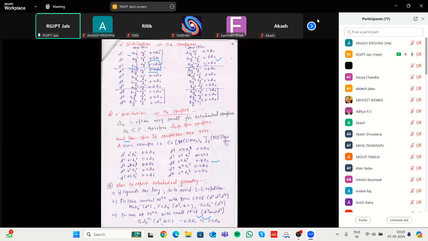But if it is paired up, then minus 0.4 into 4 plus 1 pairing energy, 1p.